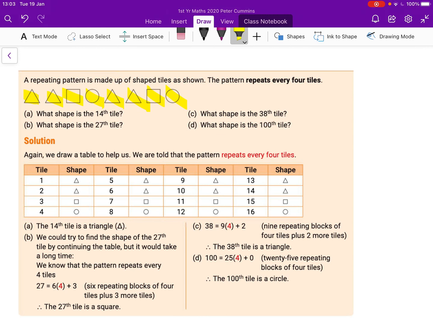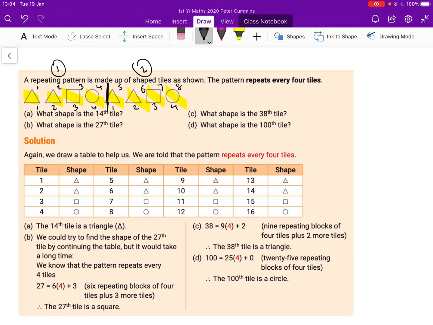So I'm going to stick a few numbers on them. Tile 1, tile 2, tile 3, tile 4, 5, 6, 7, 8. Or I could number it 1, 2, 3, 4, 1, 2, 3, 4, because you can see there's a break there. Here's the first pattern, and here's the second pattern.